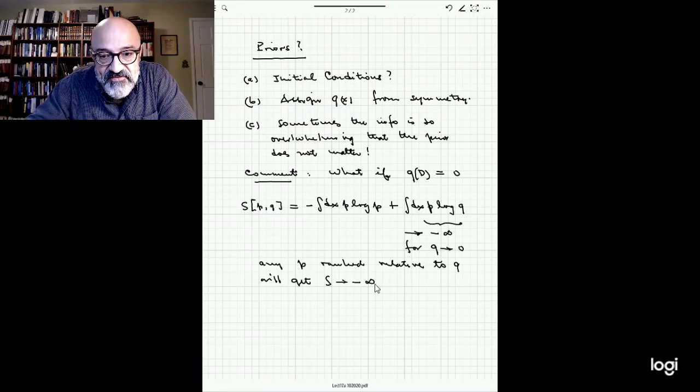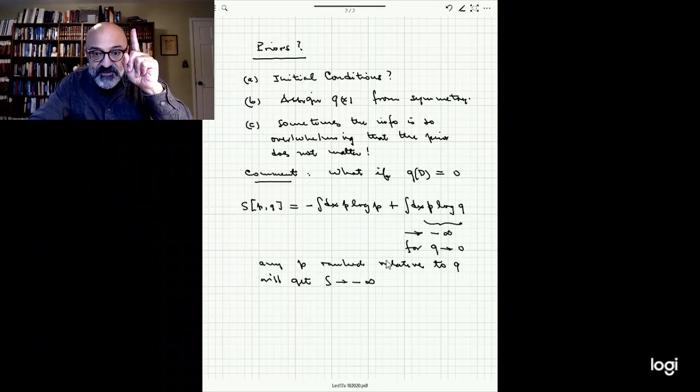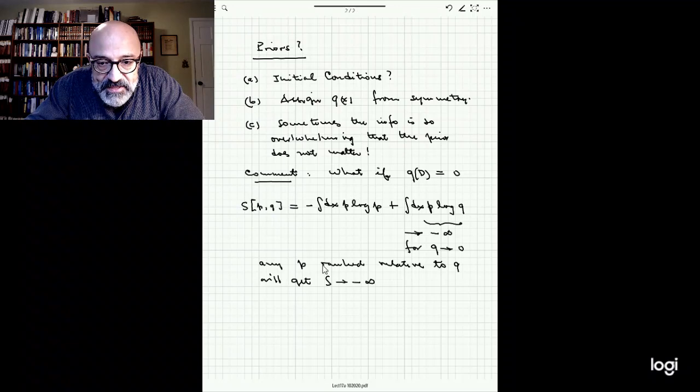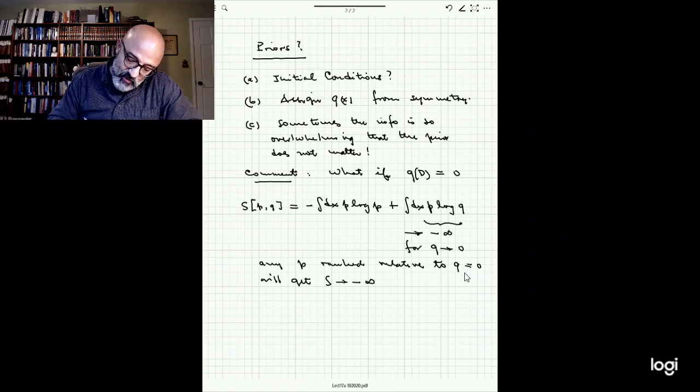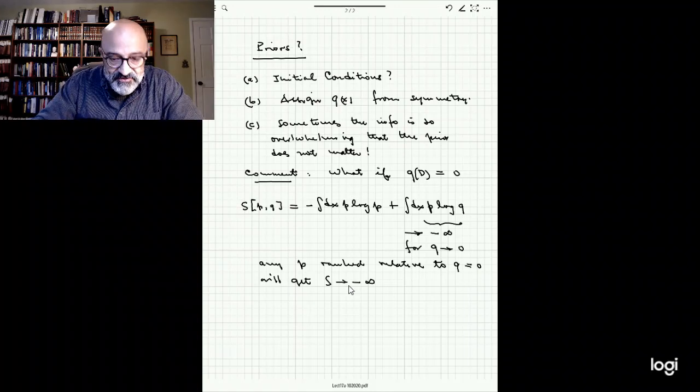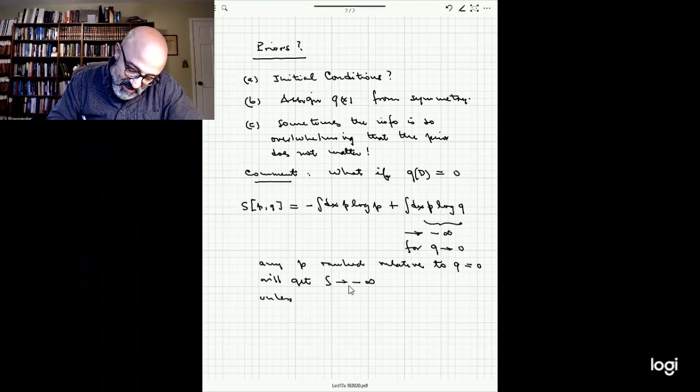You will never be able to assign a posterior because the posteriors are all awful, right? Unless, this is the interesting point, any P ranked relative to a Q that's vanishing will get the entropy going to minus infinity, unless the P in that same subdomain vanishes too.